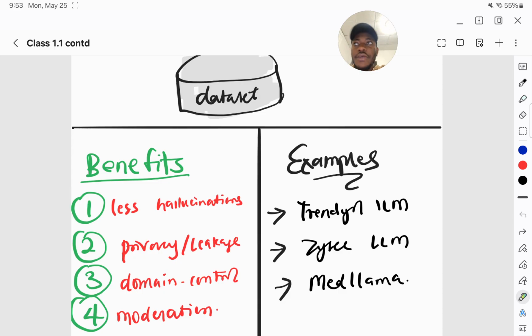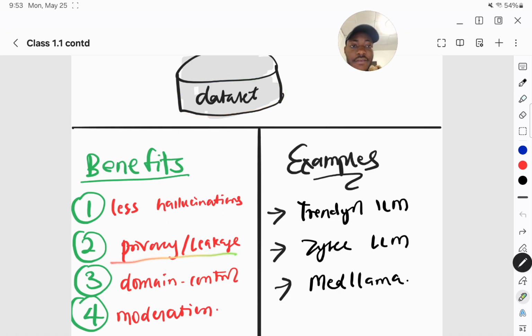Because we are using maybe a general large language model, it's prone to hallucination because it does not have the domain specifics. Just like a large language model does not know or understand your own city. So you ask it, what is the biggest city in maybe say the United States, and it does not know because it has not been fine tuned on that particular data set. So it produces fewer hallucinations.